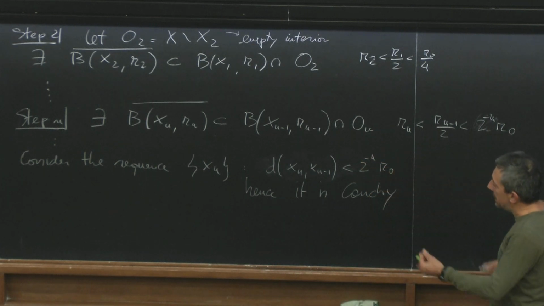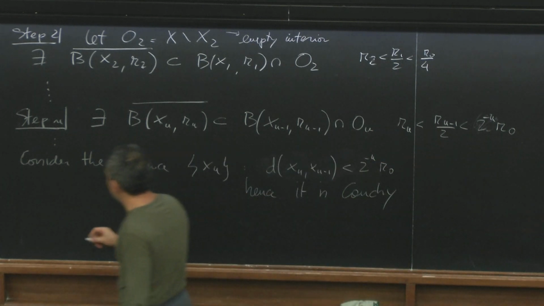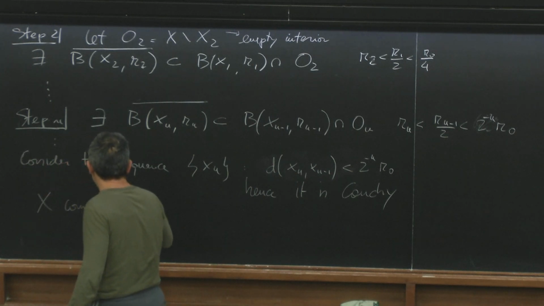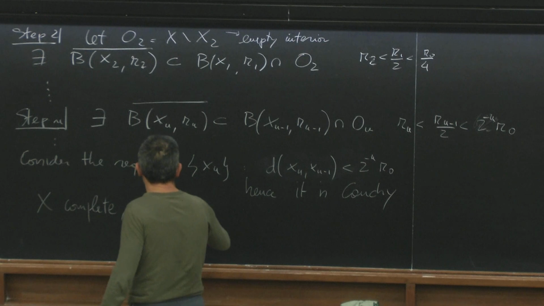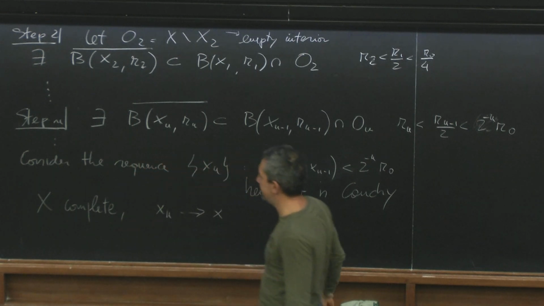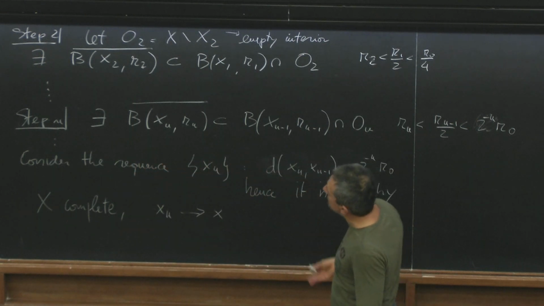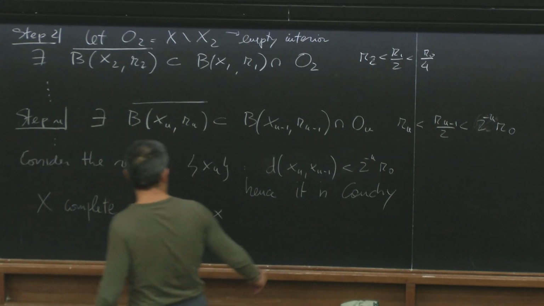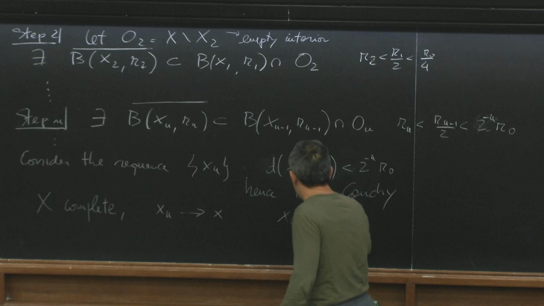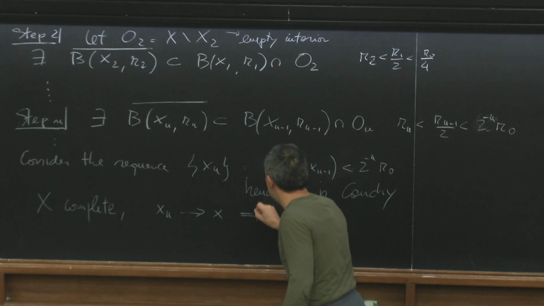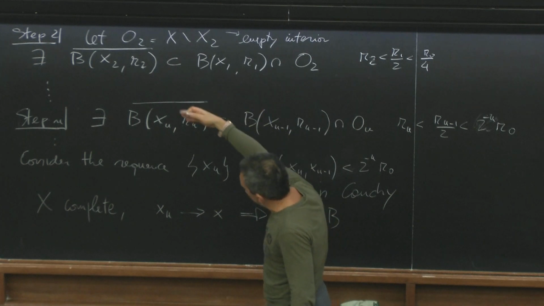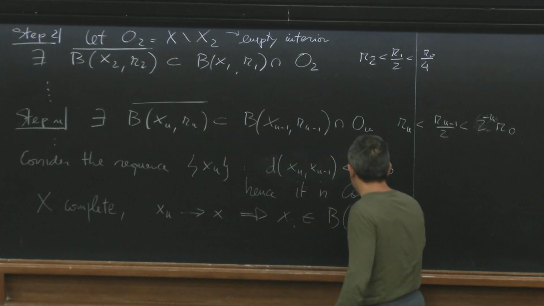Now, being complete, xn converges to some x. And now let's look. So xn converges to some x, the limit, and x belongs to each closed ball, being closed.